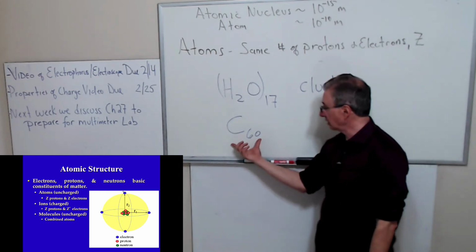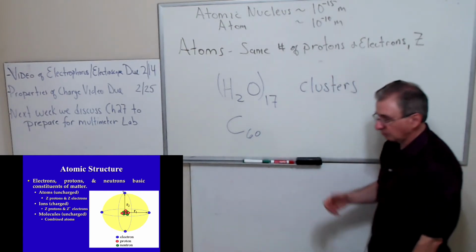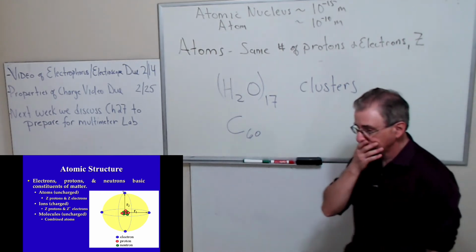But when you have something big like this guy, you can add an extra electron. And there are some molecules out there that are predicted to be able to hold 2 electrons. A lot of them have been produced in the lab.